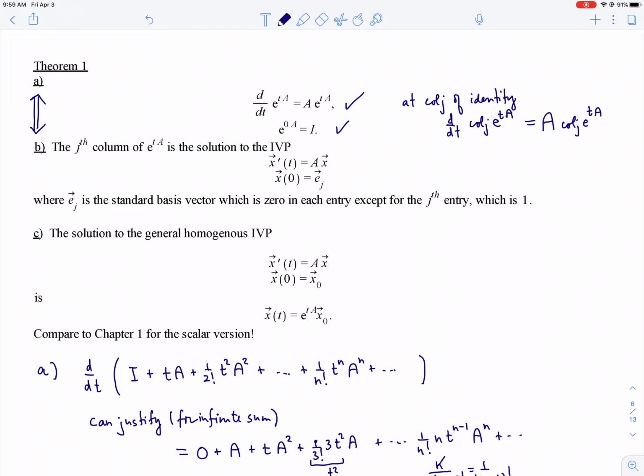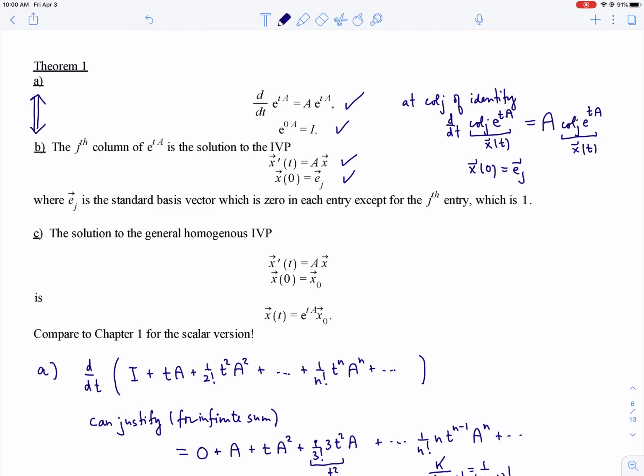So if we write the jth column as x of t, it satisfies x prime of t equals A x. And since e to the 0A is the identity, if we take x of t to be the jth column of e to the tA, x of 0 will be the jth column of the identity, which is e_j.